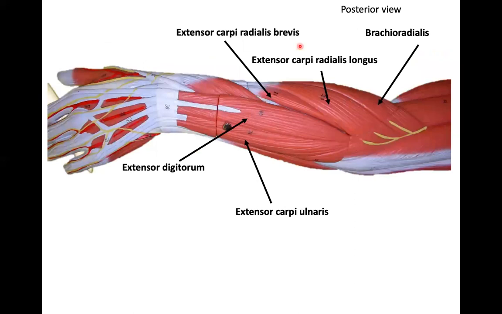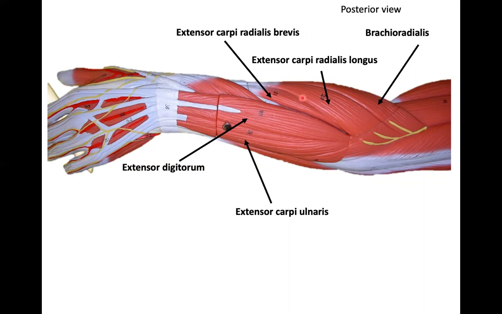Opposite of that, you have muscles that are called extensors. These muscles give you the ability to extend your wrist or create the action of extension. Now, notice that there are a number of these muscles called extensor carpi ulnaris, again on the side of your pinky, and extensor digitorum that extends to your fingers.